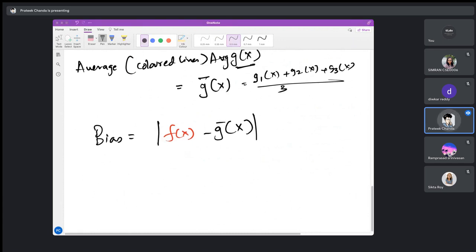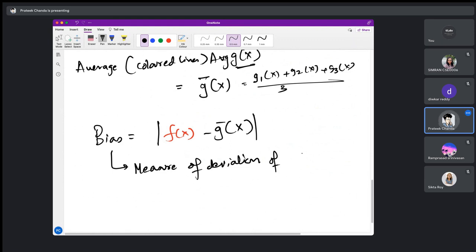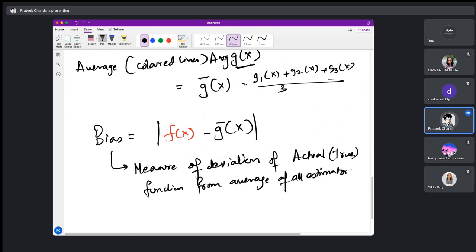And for variance, let's write it here. It's a measure of deviation of the actual true function from the average of all estimators or predictors, like the prediction lines.